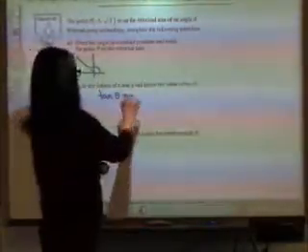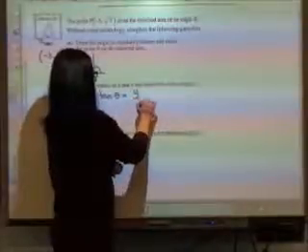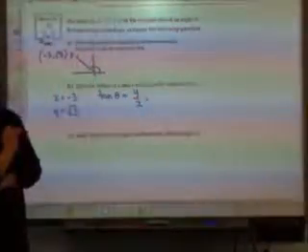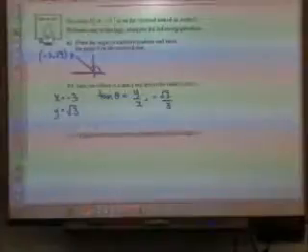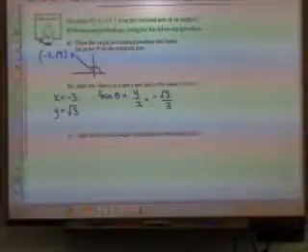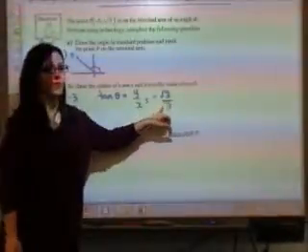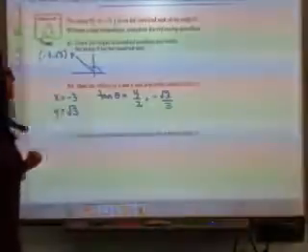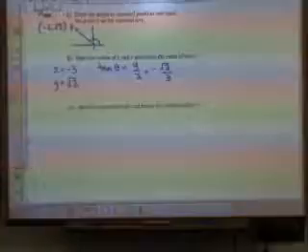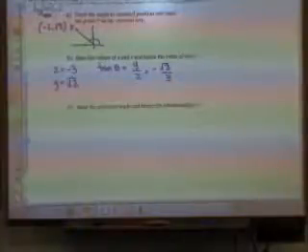Tan theta is y over x, which equals negative root 3 over 3. All we did is take that negative that was in front of the negative 3 and just bring it out in front. So question C says state the reference angle and hence the rotational angle of theta.